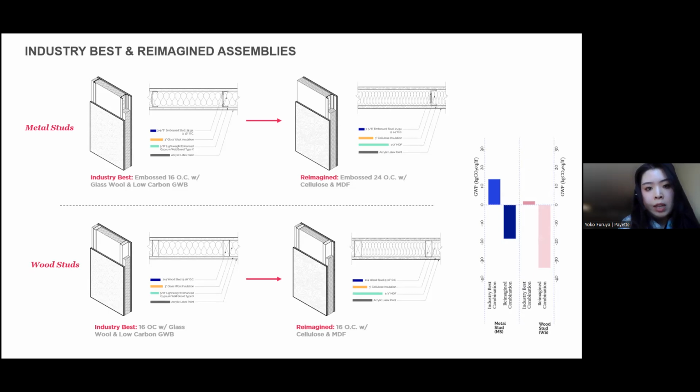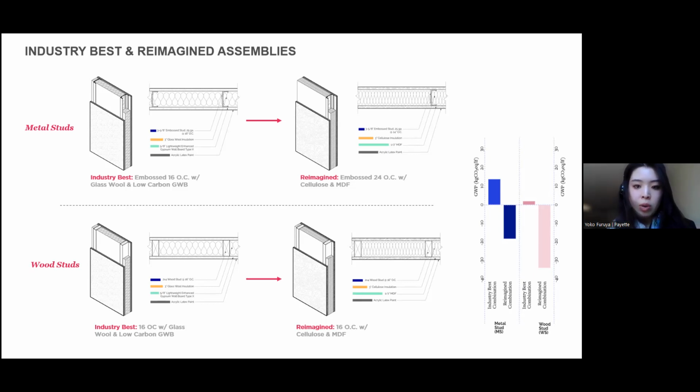some specific recommendations for you to apply to your project. We have an industry best version on the left here, which uses materials that greatly improve the carbon impact of the assembly, but are still easy to find. Many in the industry already suggest making these swaps when looking at sheathing or insulation.